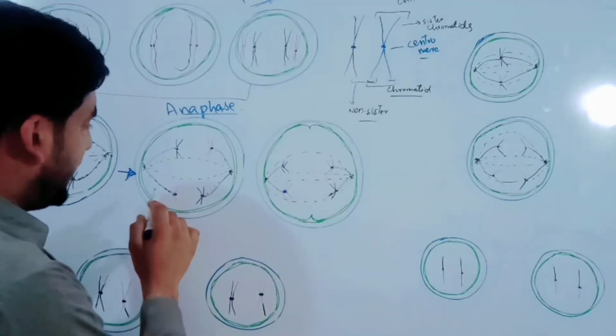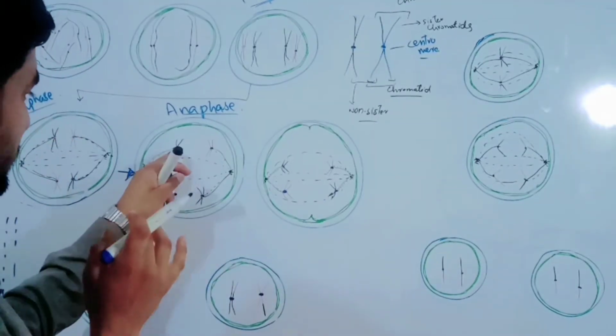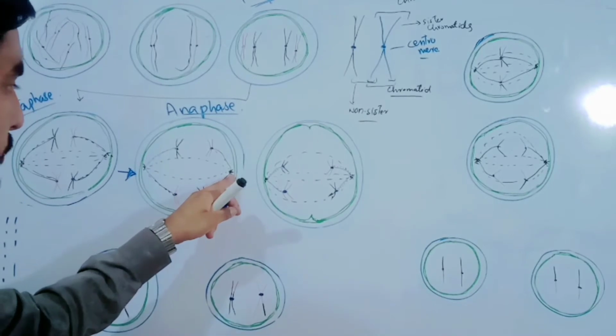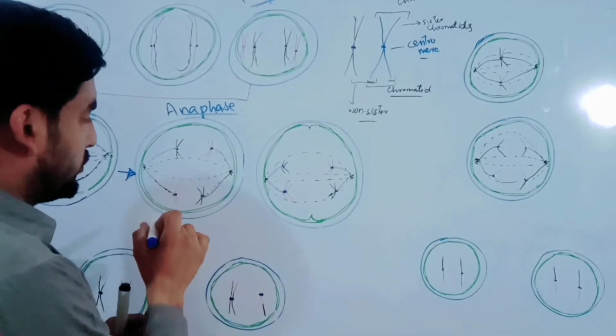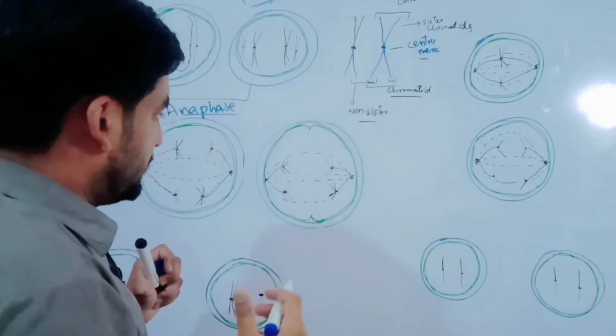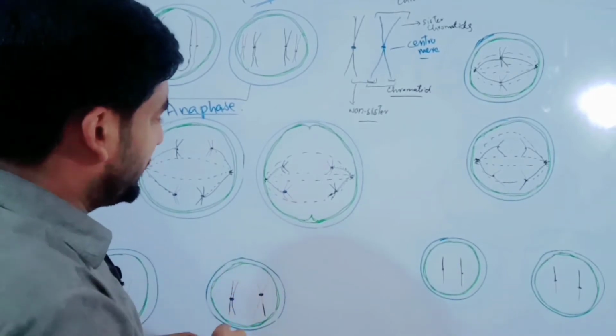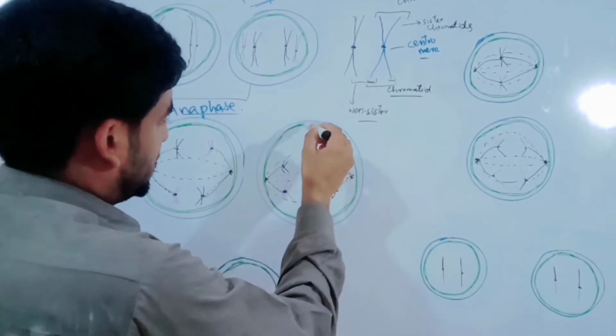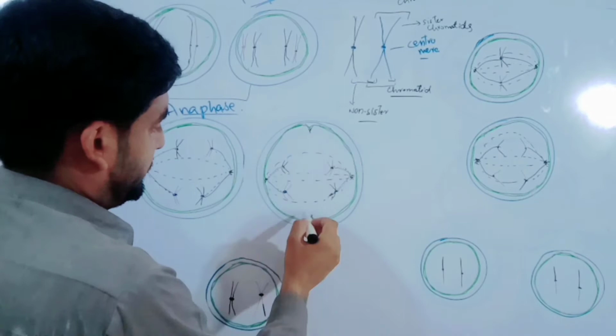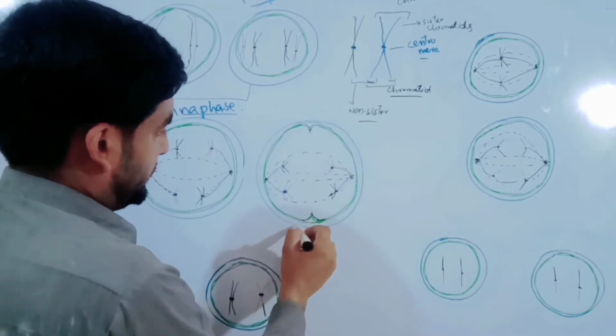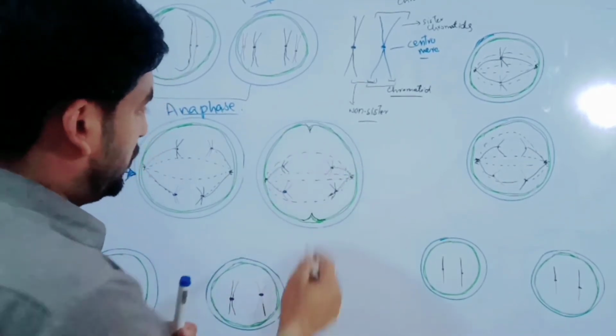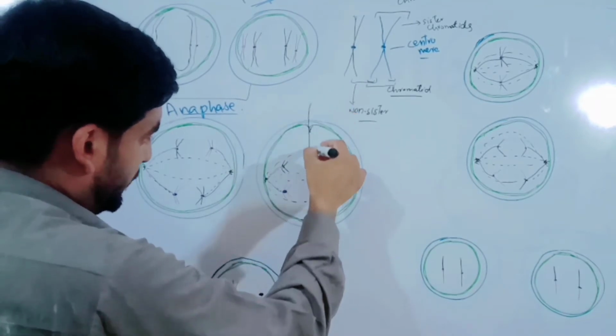When they pull the chromosomes towards the poles, the homologous chromosomes are pulled towards the poles, and the cytoplasm starts to divide, and there is a constriction, and in this way the whole cell is divided into two.